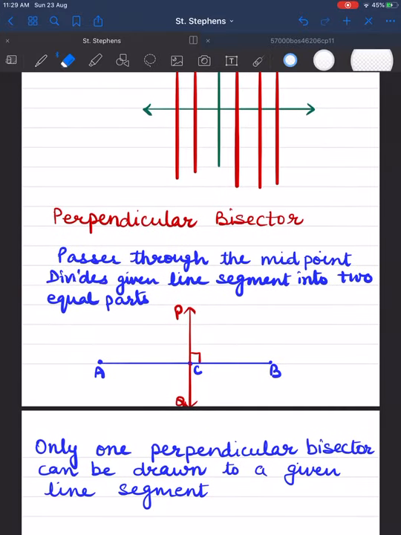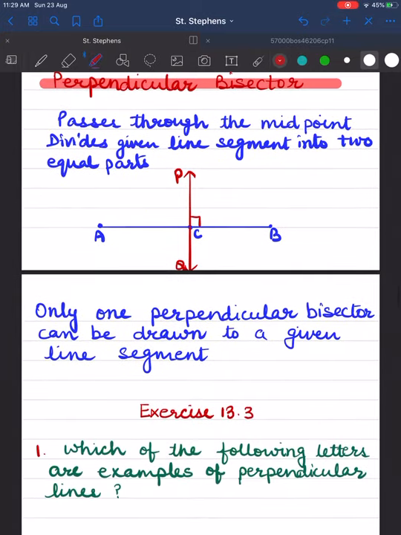Now let's understand perpendicular bisector. Now perpendicular bisector passes through the midpoint of the given line segment and it divides it into two equal parts.